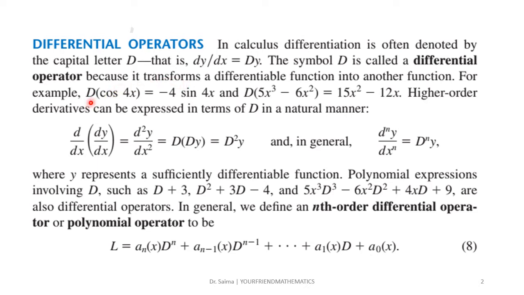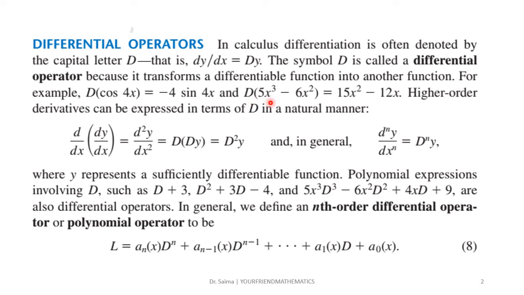Let D be applied, the differential operator applied on cos 4x. So we take the derivative of cos 4x, which is minus sin 4x into 4. And if we apply the differential operator on a polynomial, then we apply it term by term.